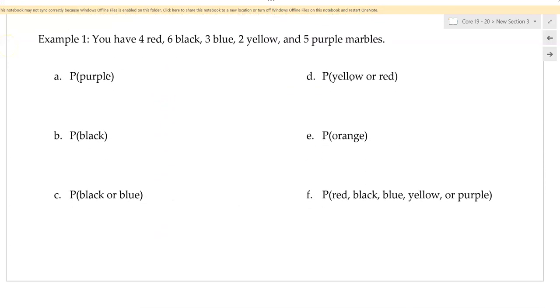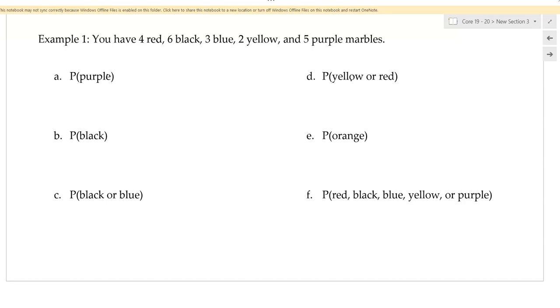So you have 4 red, 6 black, 3 blue, 2 yellow, and 5 purple marbles. And we're going to find all of these probabilities. Again, probability is the number of favorable outcomes over the total number of outcomes.